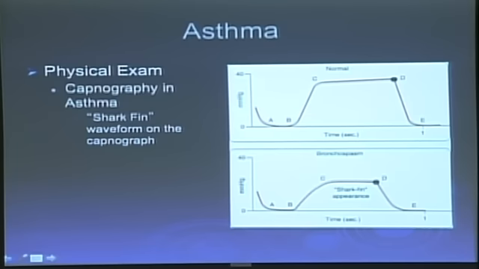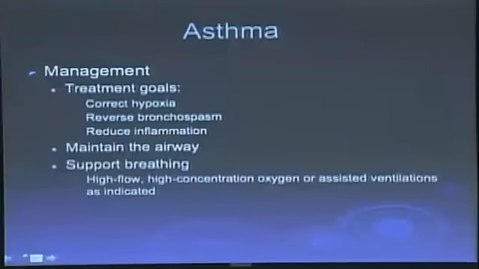And it's this upslope that their peak flow meter is testing. It's how well they can breathe out. And that you can see on your own. You can have them test this with your capnography. It's a cheap way of doing that.